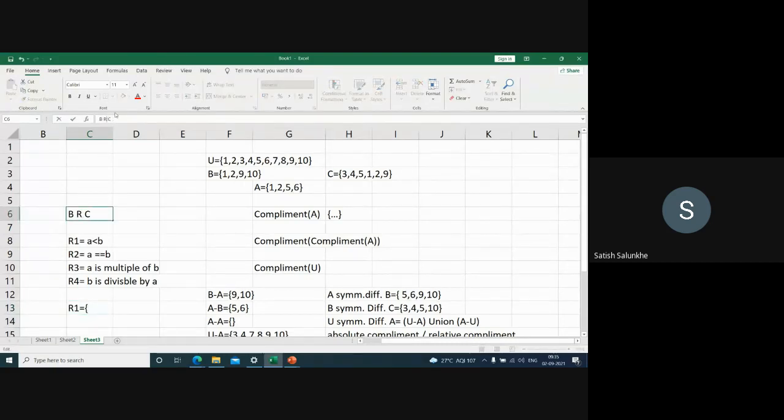B is related to C. There are all these possible relationships like R1, R2, R3, R4 from B to C. One of the relationships, R1, says that A belongs to B and B belongs to C, and R1 has all the elements (A, B) such that A belongs to B, B belongs to C, and this holds the property that A is less than B. So come on, identify what is R1. What is the cardinality of R1? Let me know the elements of R1 quickly.